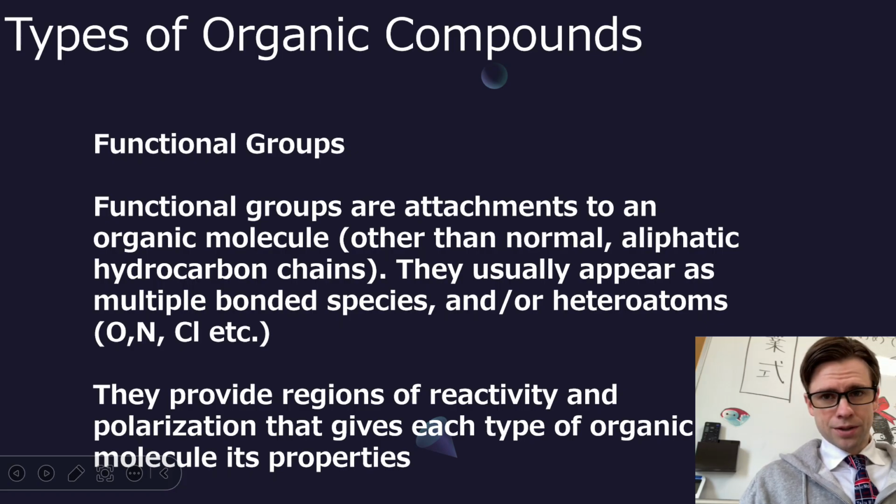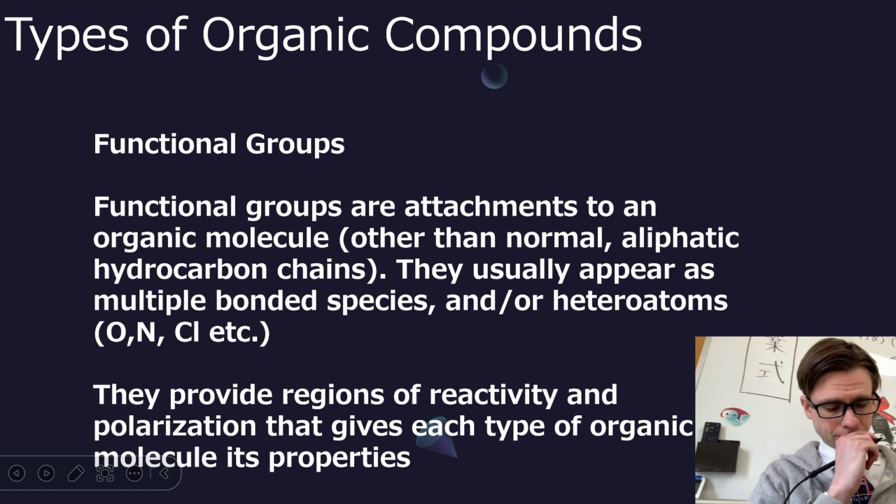So they do have some function, but for some reason we don't really classify them as having function compared to the other groups. Anyway, functional groups usually appear as multiple bonded species like double bonds or triple bonds, and/or heteroatoms. These would be anything other than carbon and hydrogen, so O, N, Cl, etc. They provide regions of reactivity, polarization, and other things that give each type of organic molecule its properties.